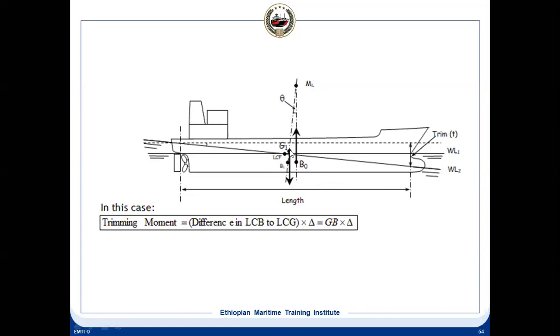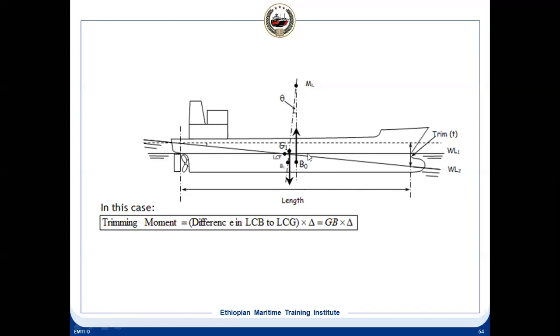Now what is happening? Same as in transverse stability, delta G is the gravitational force and the displacement is downward. It is acting at this point vertically downward, and B is acting vertically upward, and these two are equal and opposite in direction. But in this case, now what had happened?